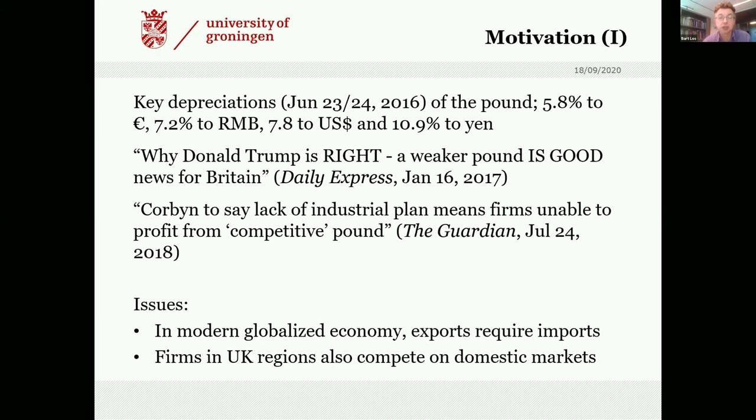So if we are assessing the competitiveness effects of this fall in the pound, we should take this into account. And this is mainly due to the fact that some firms in some regions depend much more on imports to produce their products, also sold elsewhere, than other regions.